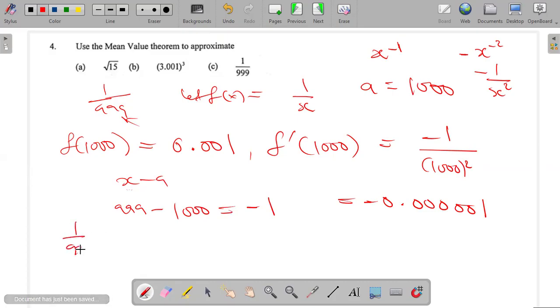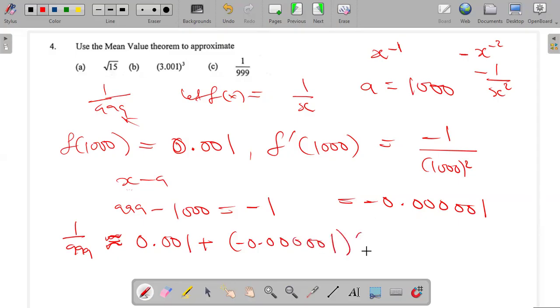So 1 over 999 is going to be, f of 1000 there is this here, 0.001. Since it's approximately, it's not equal to. Then plus f prime, that's there, -0.0000001, then multiply by -1.